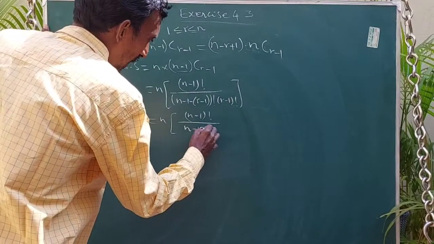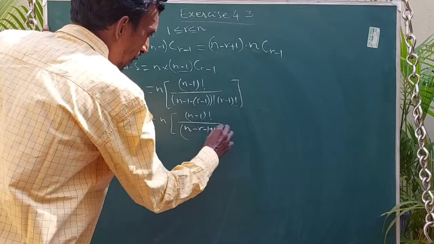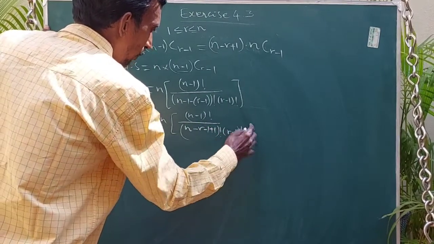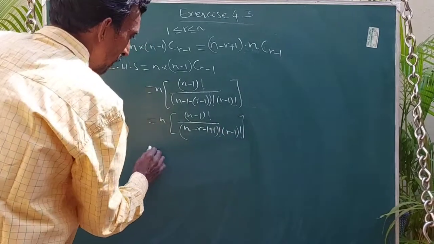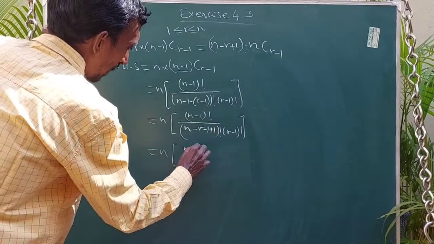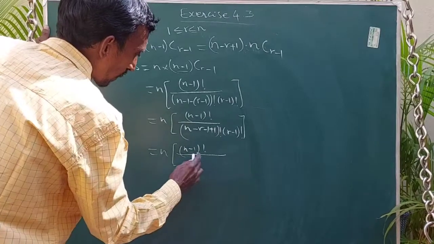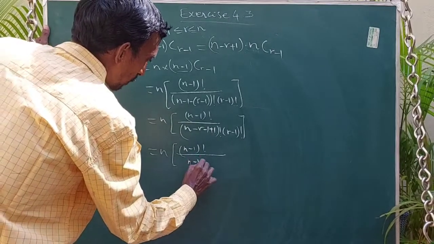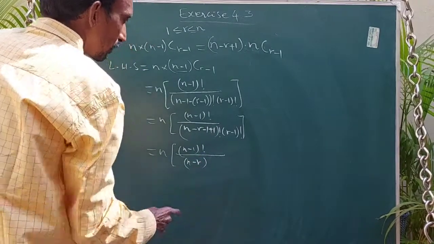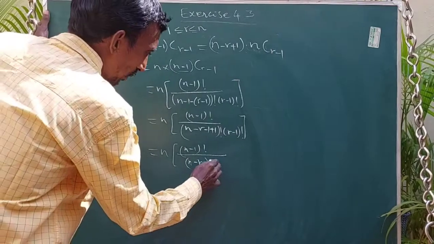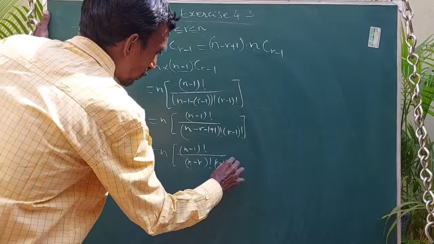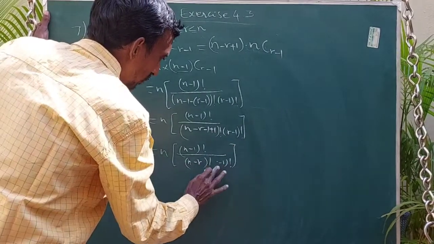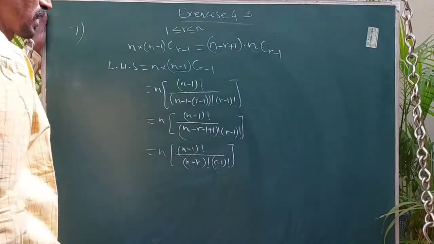So n minus r factorial into r minus 1 factorial. So n into n minus 1 factorial by n minus r factorial into r minus 1 factorial. My dear student, the hint is present in the question itself.